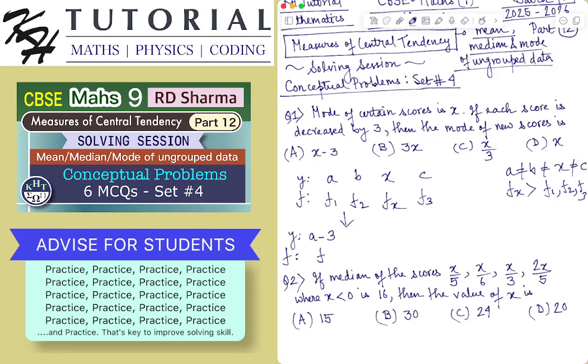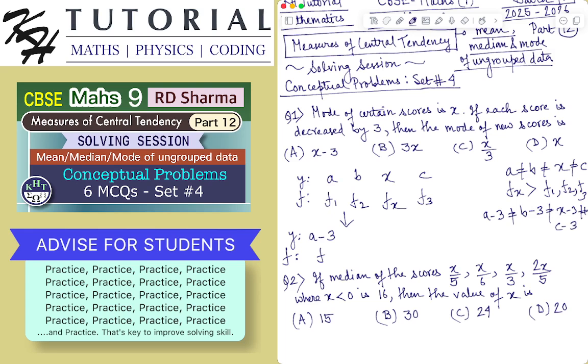Because if A, B, X, C are 4 unique scores, then if you subtract the same value from all of these scores, after subtraction the scores will also be unique. That is, I must have A minus 3 not equals to B minus 3 not equals to X minus 3 not equals to C minus 3.